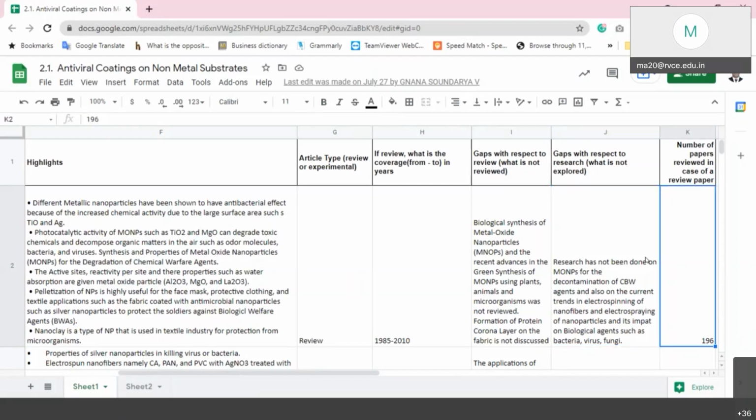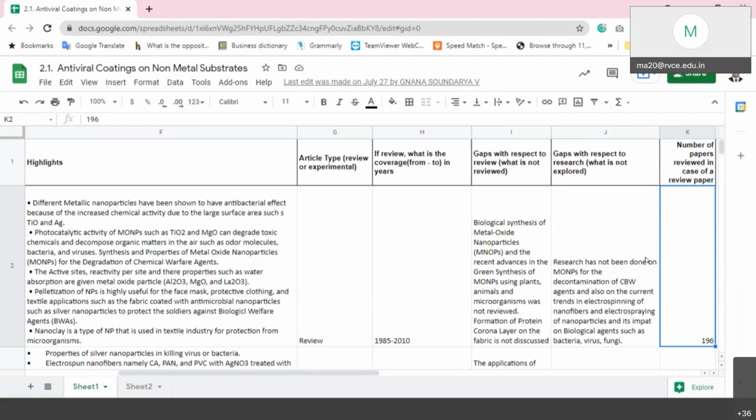Next is the number of papers reviewed, in case of a review paper. Say suppose we identified that this is a review article and the coverage is from 1985 to 2010. Just imagine, this team has gone through 196 research articles to come up with the review article.